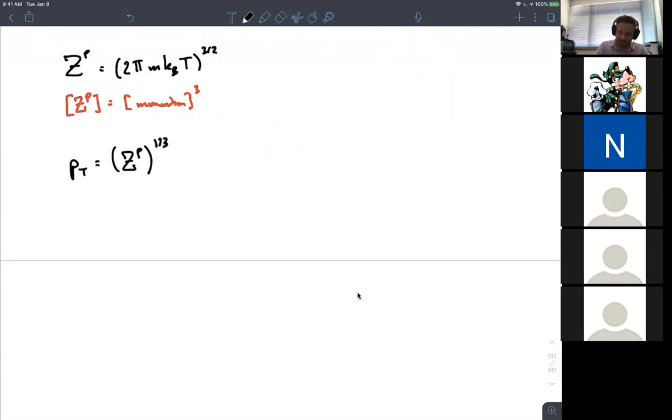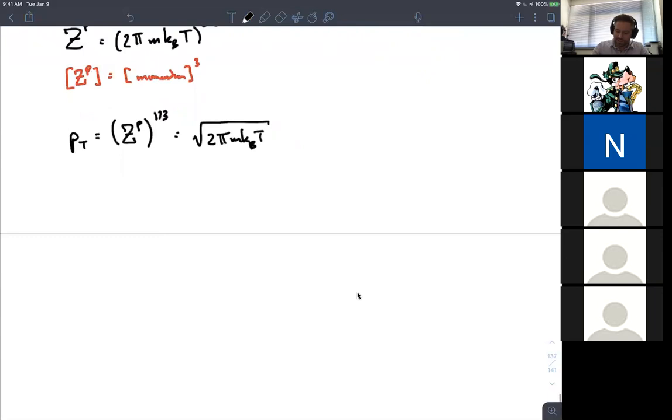If we do that, this comes out to be the square root of 2 pi m kBT. So you can't call it the average momentum because we didn't explicitly calculate an average, but it is something like an average. So I'm going to call this a characteristic momentum.